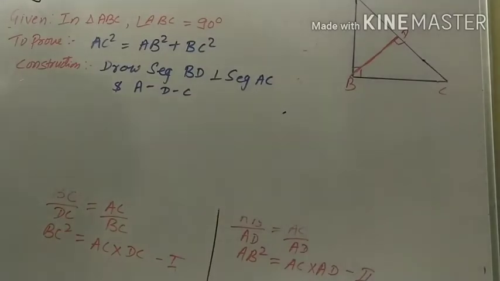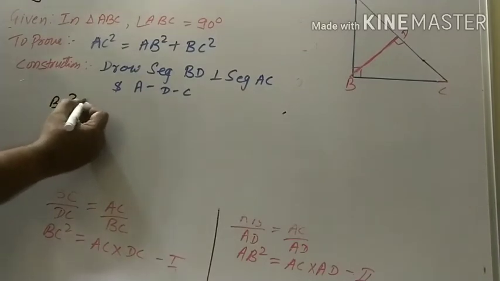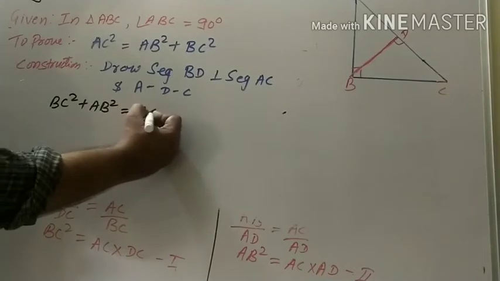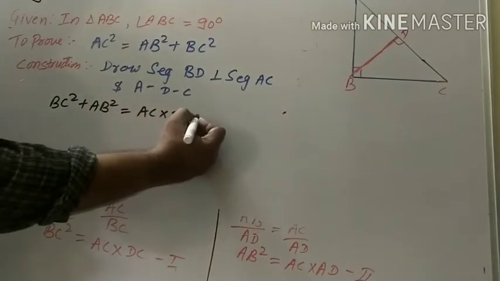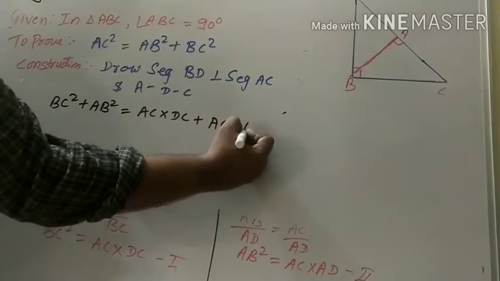Now we add first and second. BC square plus AB square is equal to AC into DC plus AC into AD.